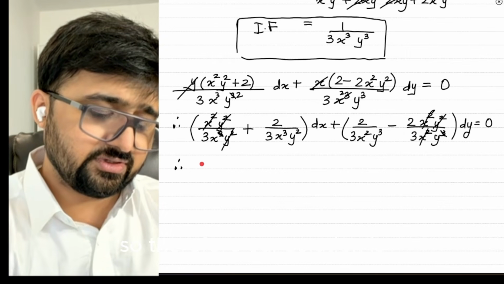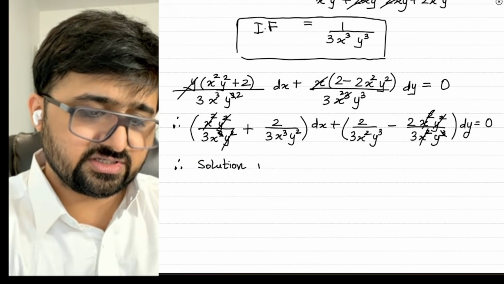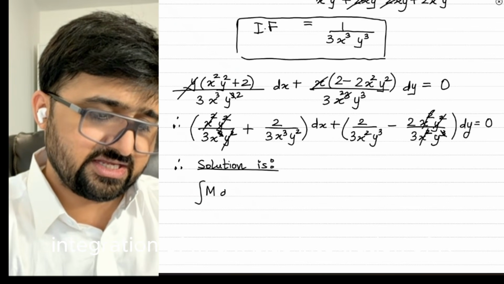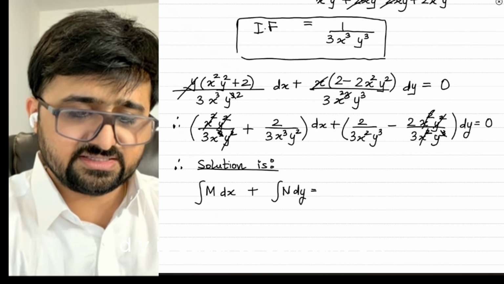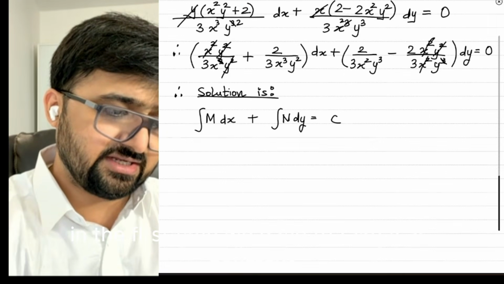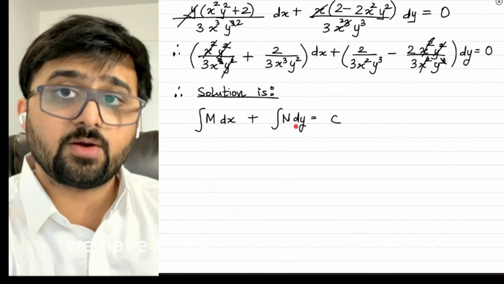So therefore, our solution is integration of M dx plus integration of N dy is equal to a constant. Remember, in the first term we have to take y as constant, and in the second term we have to take only the terms free from x.